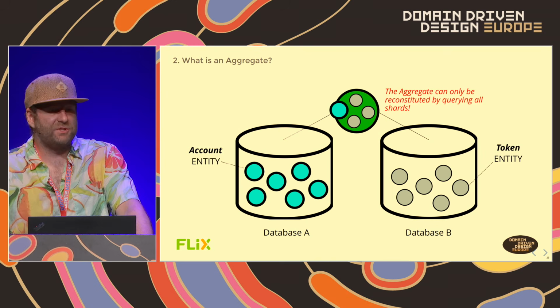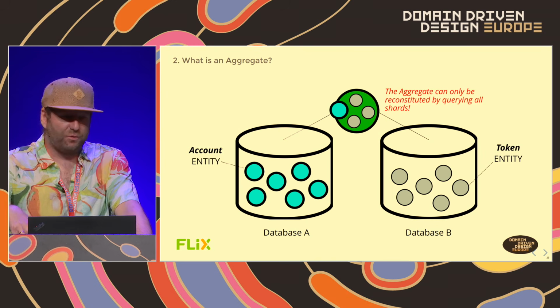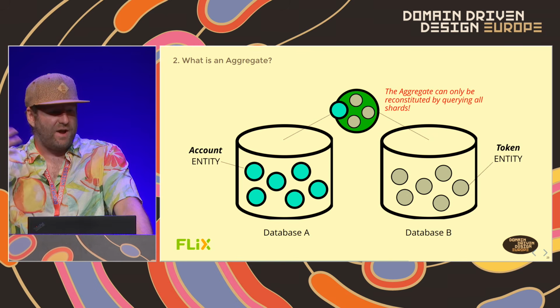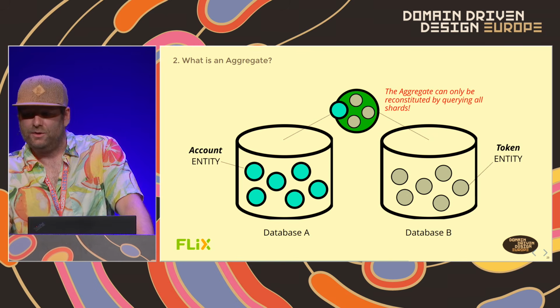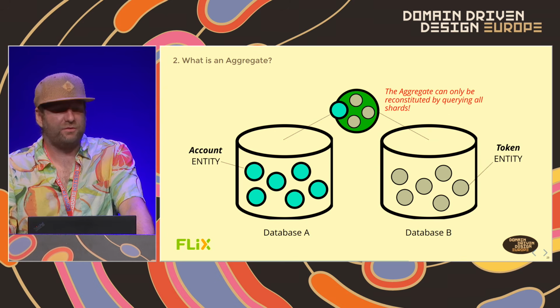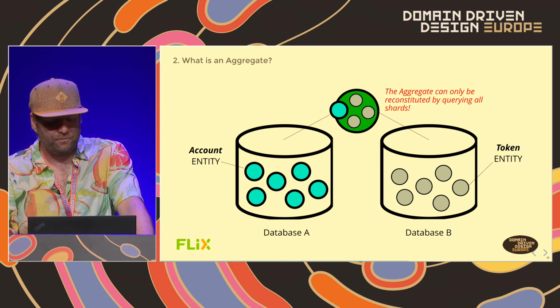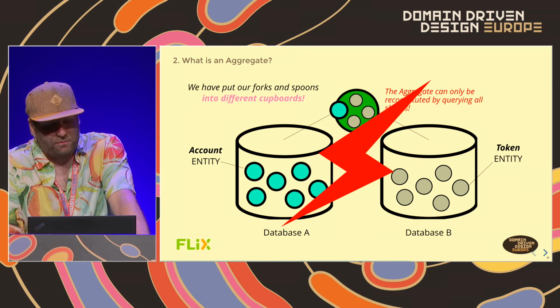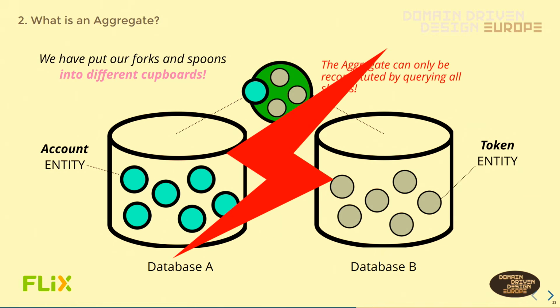And imagine writing this data back to the data sources. So you have to deal with a distributed transaction right now. It gets very, very hard to maintain this consistency. So what this means is that you have put your forks and your spoons into different cupboards, right?